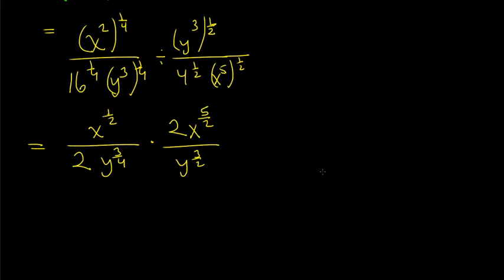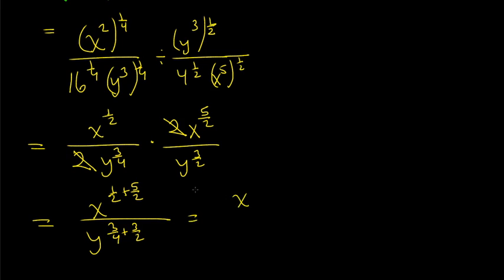Okay, so far? All right, so the 2's cancel. That's nice. And we get x to the 1/2 plus 5 over 2, divided by y to the 3/4 plus 3 over 2. So that's going to be 6 over 2 for the exponent of x. And for y here, we need a common denominator.